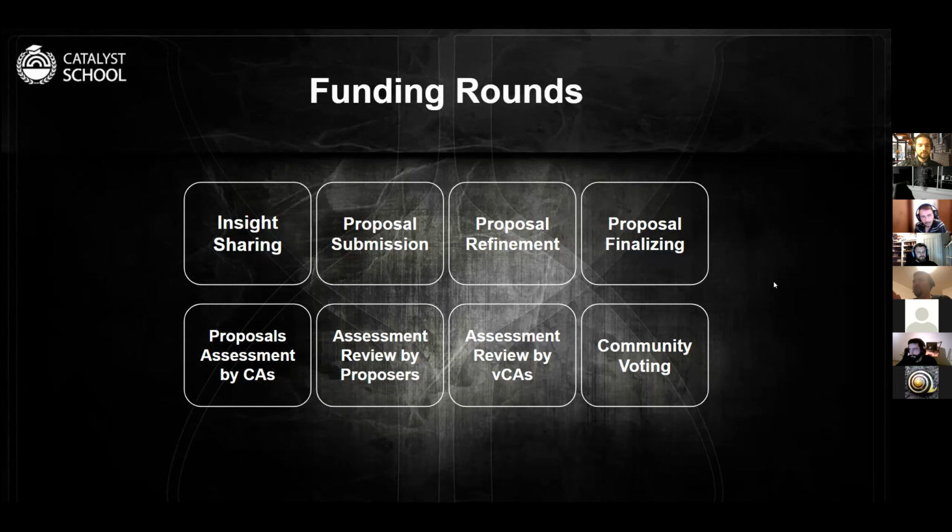And then you mentioned that there is some sort of rework. My question is, is this rework of the proposal based on the advice from CAs, VCAs, which they then have to assess the next week, or is it based on the advice of the community?